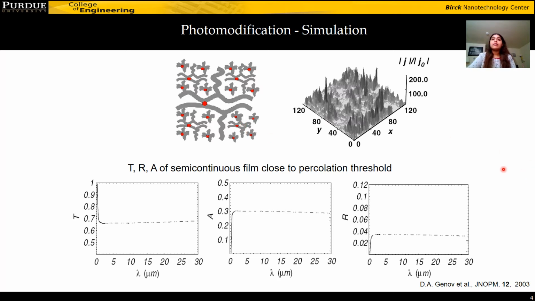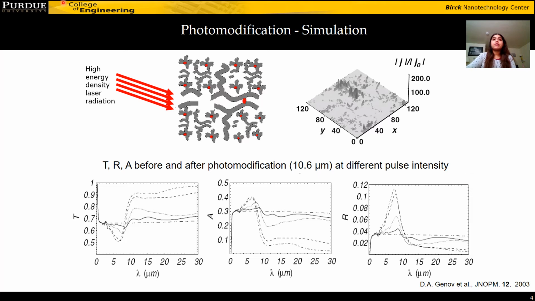Now, if you have a very high energy density laser irradiation, it induces thermal photomodification. Basically, because of a high energy density laser, you will be able to change the size and shape of those metal nanoparticles, and as a result, you can change the optical spectra, because as I've discussed, based on the size and shapes of the metal nanoparticles, different parts of the spectra are being reflected, absorbed, and transmitted.